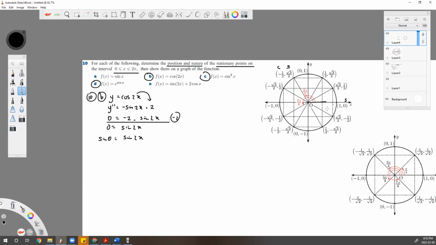Because 0 is here. So 2x equals 0 and x equals 0 also. Or this, right? 180 degrees. Get it? So 2x can also be 180 degrees, so x is equal to 90.